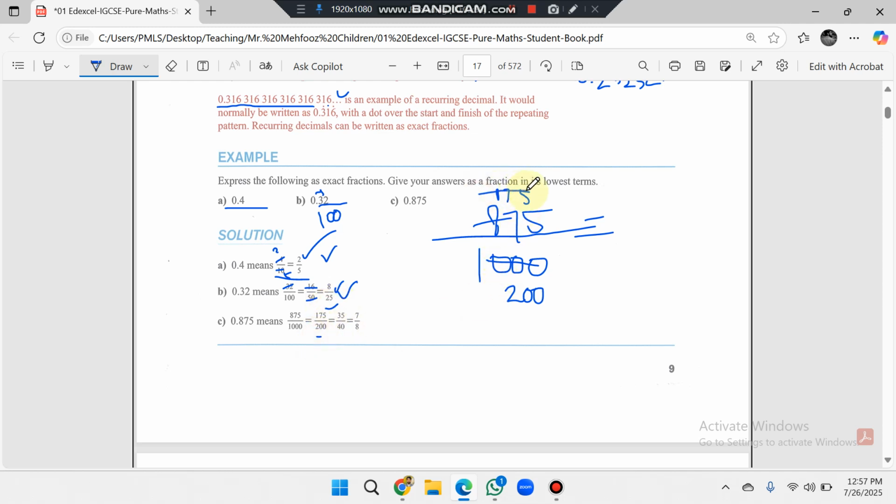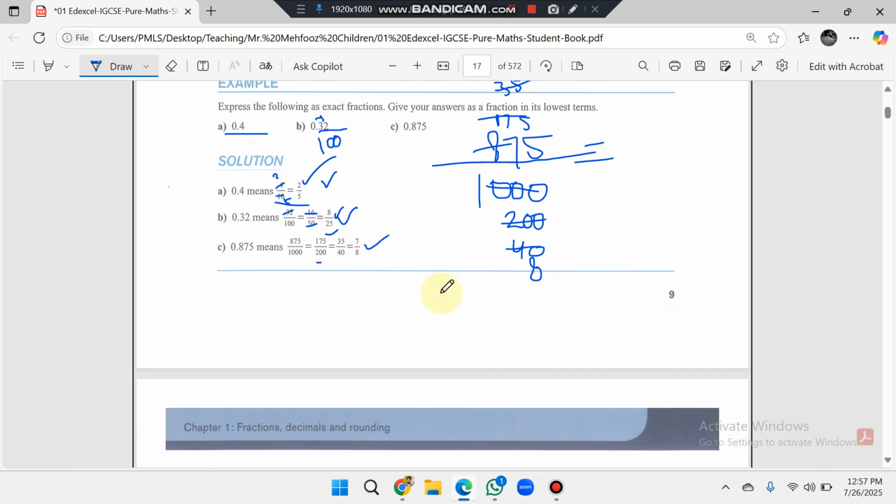Again dividing by 5, it becomes 35 over 40. Again 5 sevens are 35 and 5 eights are 40. So its simplified form is 7 over 8, right?